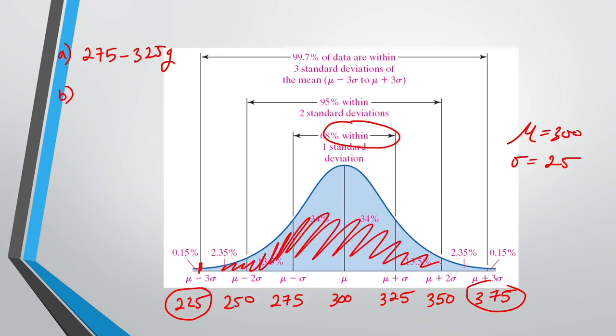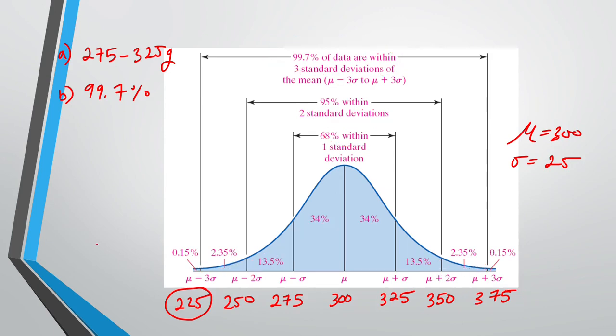We can add all of these values if we wanted to, but it's a lot easier to look at the top and notice that they added it for us, and the total is 99.7%. We know 99.7% of organs are going to weigh between 225 and 375.